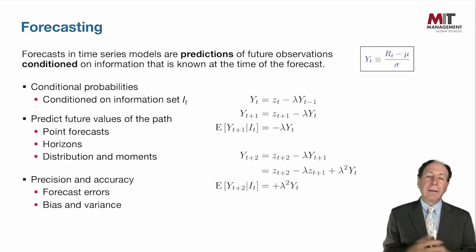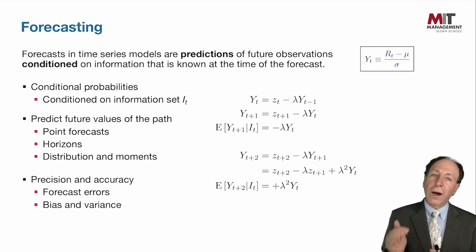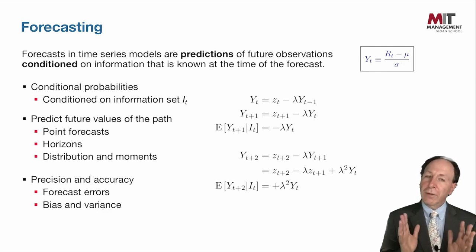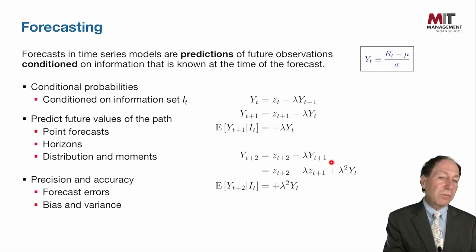How do we find the forecast or an expectation 2 steps in the future? We iterate. So y sub t plus 2, from the defining equation for the AR1 process, I can just take the previous equation and, where I replaced t by t plus 1, I'll replace t plus 1 by t plus 2. So I have this defining equation, y of t plus 2 is z_{t+2} minus lambda y_{t+1}.